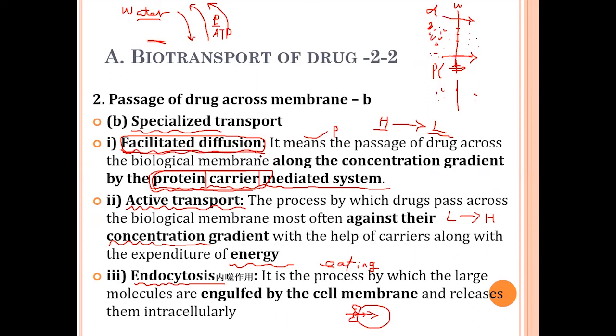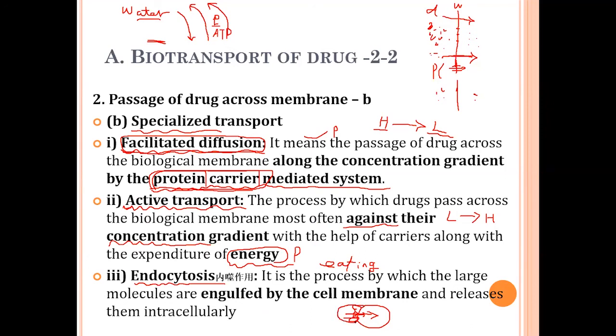But if we need to go against the concentration, we need energy, and usually there is still a protein channel there, plus energy. That way of moving we call active transport. Some special kinds of medication or drugs get close to the cells, and then the cells can eat them.